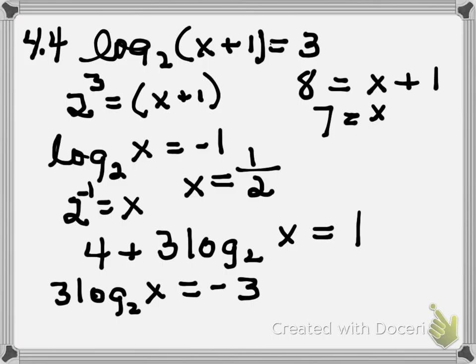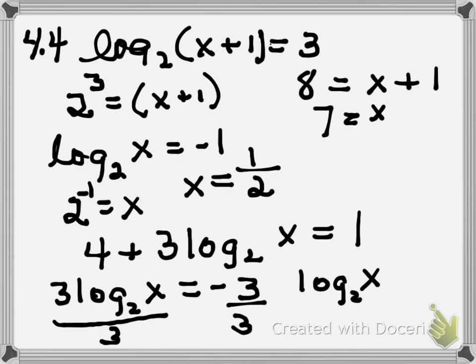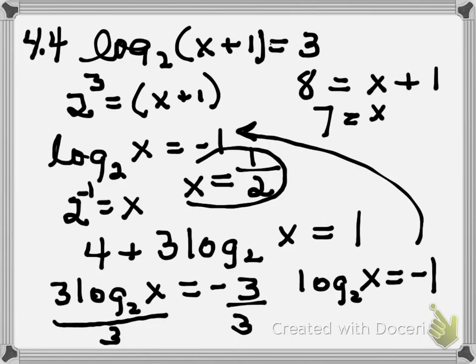Now I just want to have the log by itself, so I'm going to divide both sides by 3. And I have log base 2 of x equals -1, which is exactly what I was doing up here. And so now I have x is equal to 1/2. So I was previewing and getting you ready to do a problem here in logarithms.